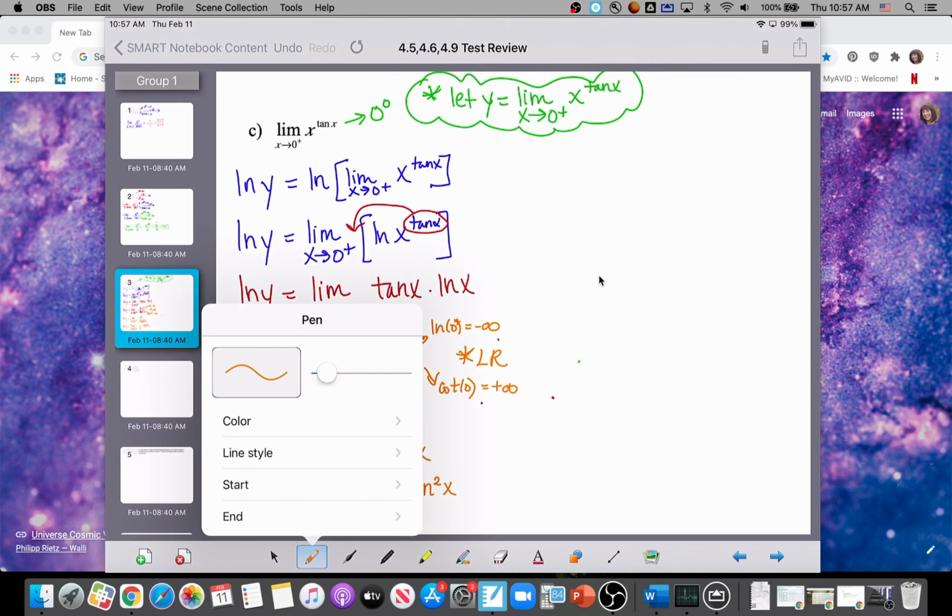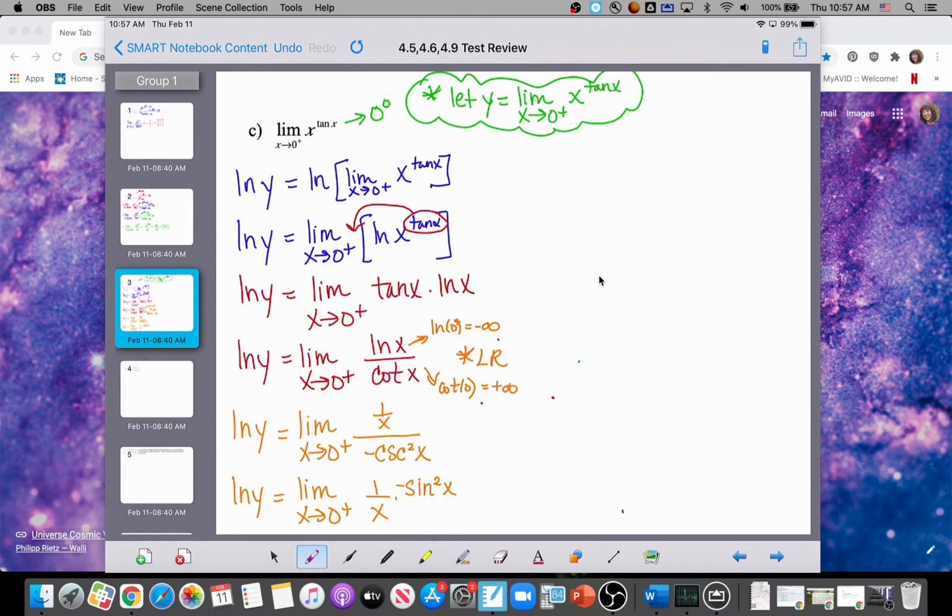So let's check what our limit would be equal to at this point. If I were to plug in 0, sine of 0 is 0, 0 squared is still 0, so my numerator would go to 0, and my denominator is x, so that would go to 0. So once again, I would need to do L'Hopital's rule another time.